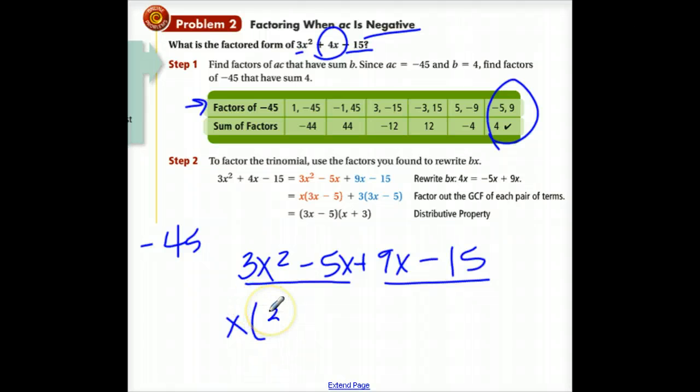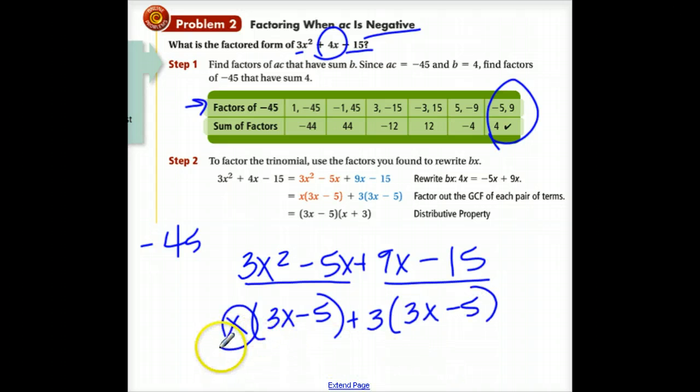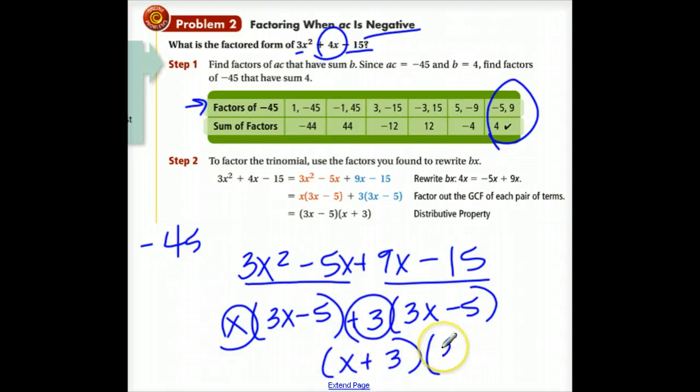So I'm left with 3x minus 5. And over here, I'm going to take out a positive 3, and I'm left with 3x minus 5. So x plus 3 becomes our first binomial, and our second is what's remaining, 3x minus 5. This is our answer.